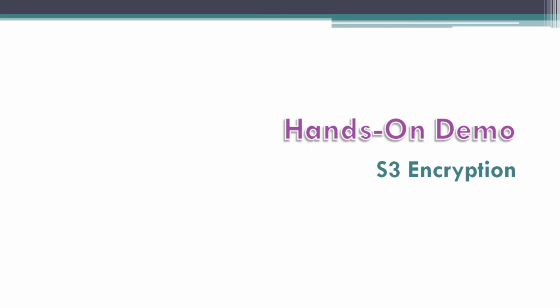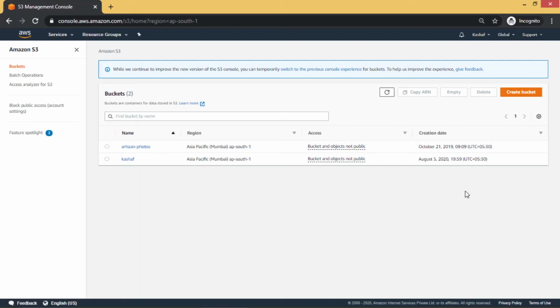Now we will have some hands-on demo on S3 encryption. So I logged into my AWS account and now I am on my S3 management console. We will see how you can enable default encryption. Suppose this is my bucket. I am going to click on this bucket.